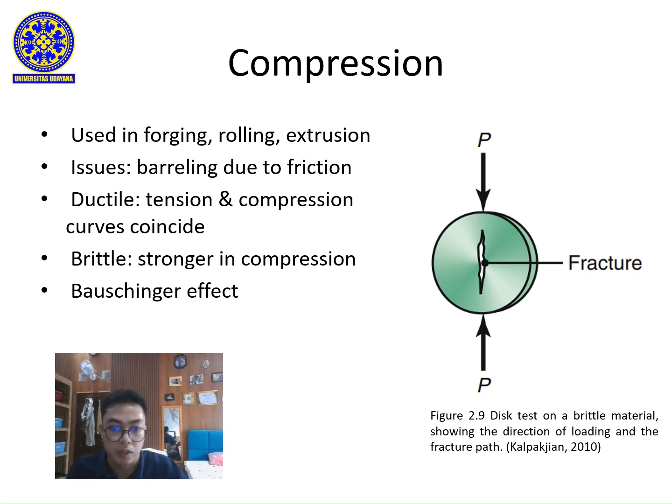Friction between dies and the specimen causes barreling, another effect known as the Bauschinger effect. It occurs when prior tension lowers the yield stress in compression. For brittle materials like ceramic, this test is often used as shown in figure 2.9.